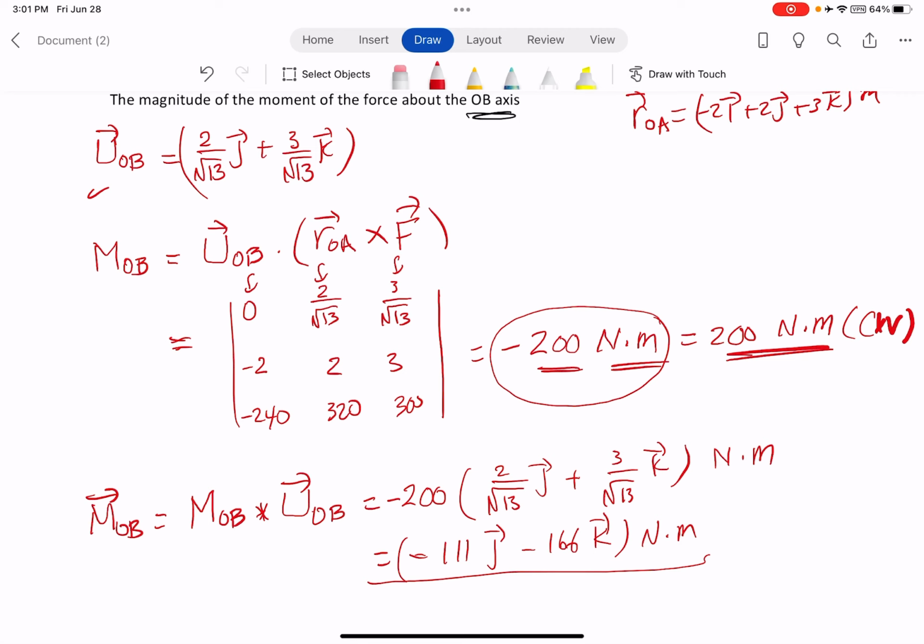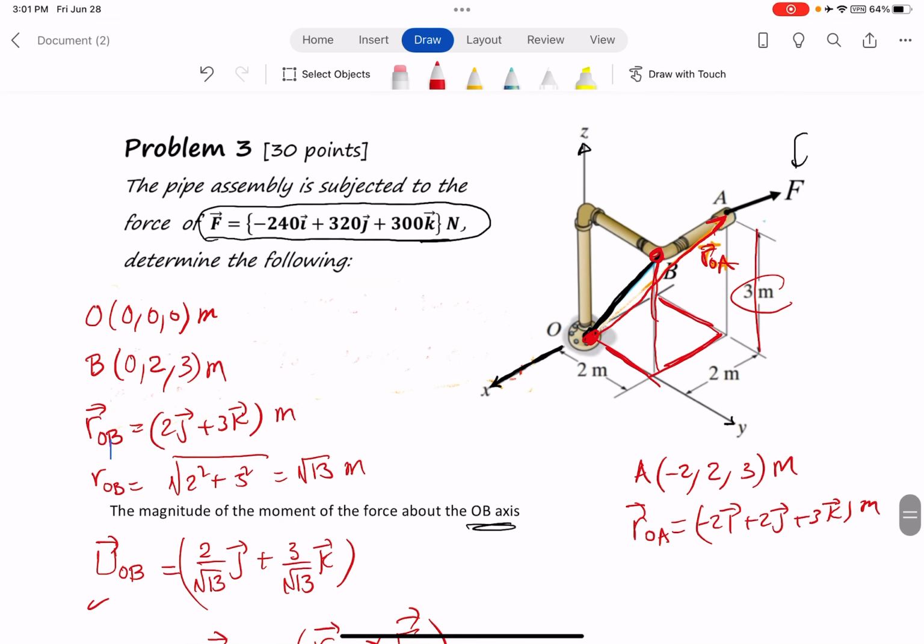Find the position vector from any point on that axis. Remember, I found this point A, and this is the same axis OP. You could find point B, which is on that axis, to A. Whatever way you do, it will give you the same answer. Thank you.